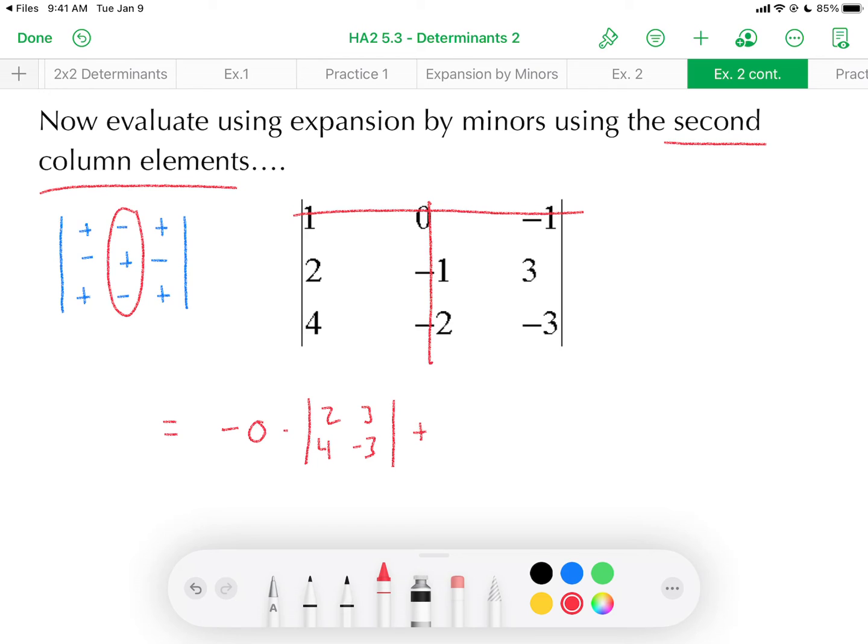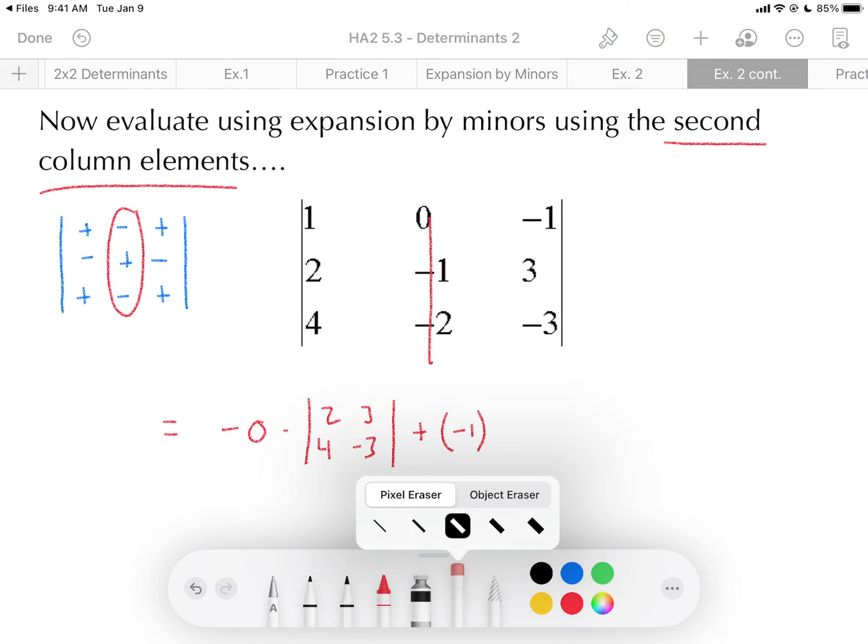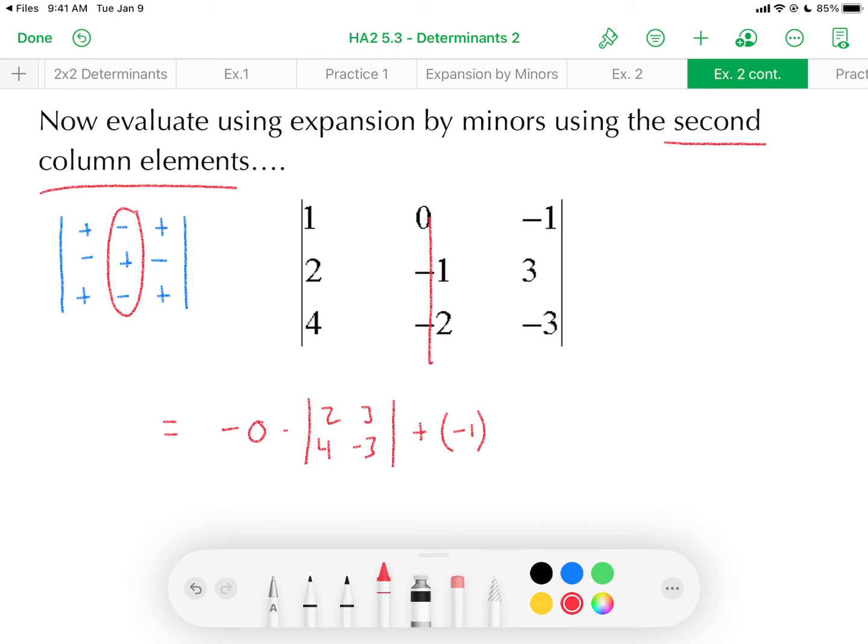Then I would do plus. What element would I use next? What do you think? -1. So I'm just moving to the middle element of the second column, right? And I'm going to multiply it by its minor. So I delete the second column and the second row.